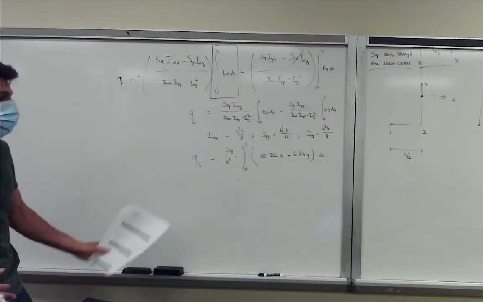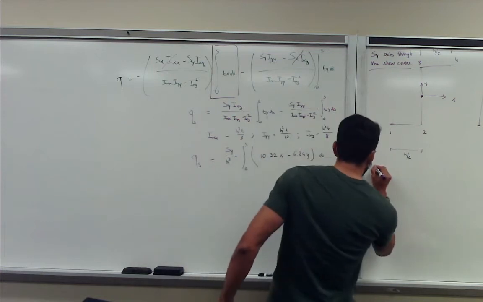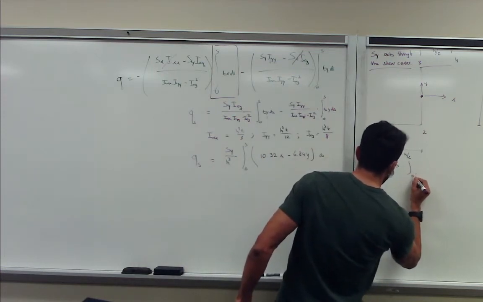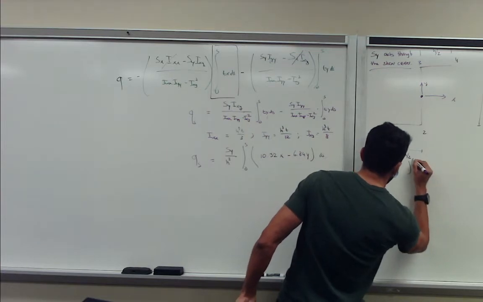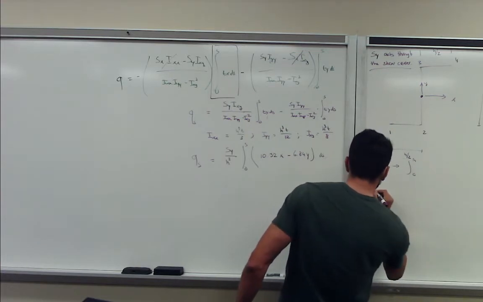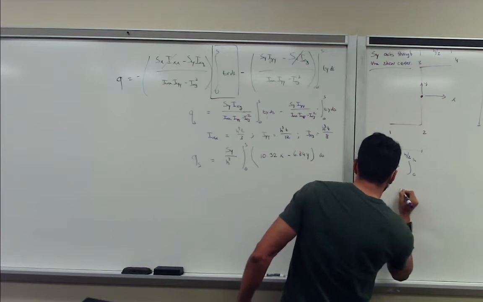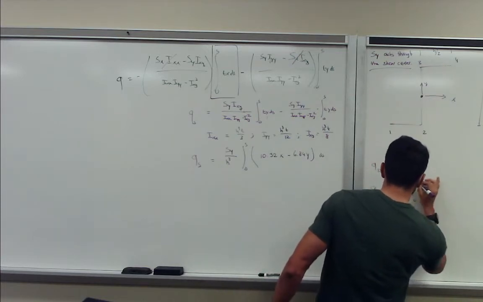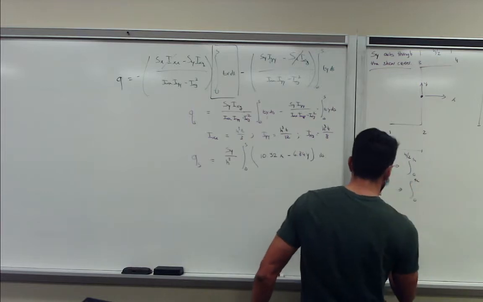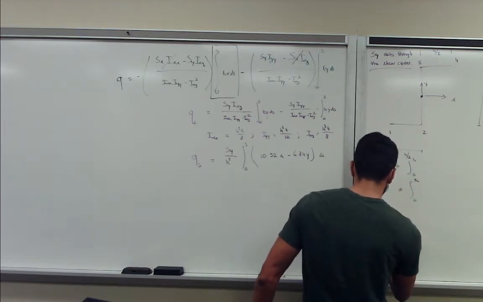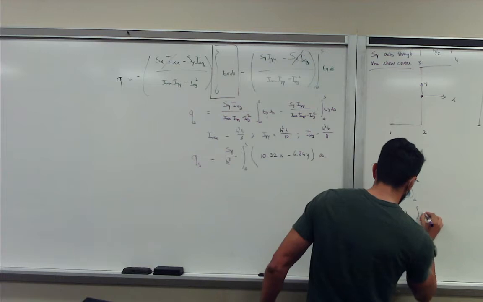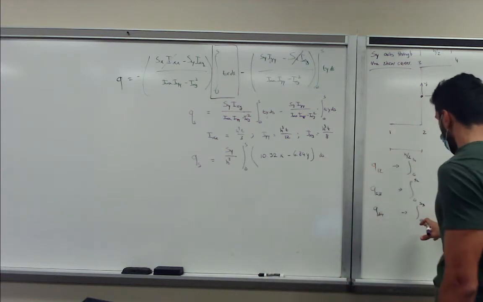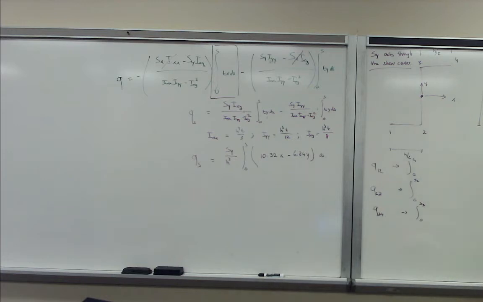Shear flow for q1 is done by the integral from 0 to s1 for segment 1. Shear flow in the 2, 3 region is the integral from 0 to s2, and 3, 4 is the integral from 0 to s3, or along segment 3.